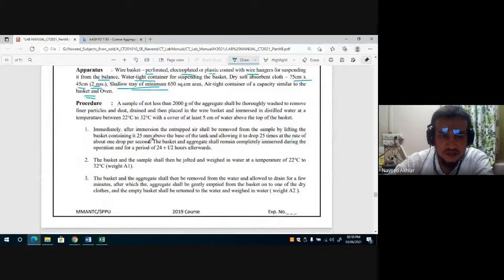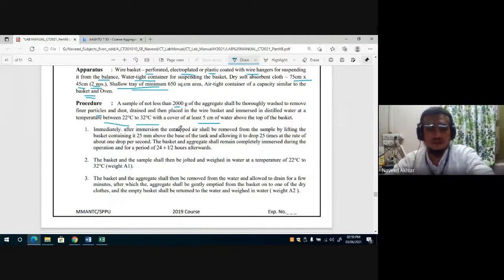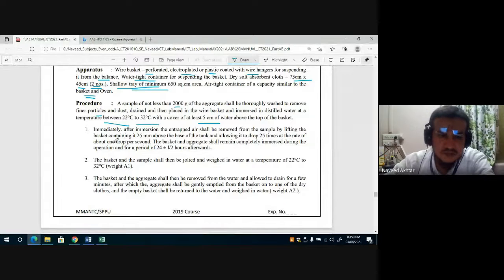Take a 2 kg sample of the aggregate. It is thoroughly washed to remove the fine particles and dust, drained, then placed in the wire basket and immersed in distilled water at a temperature of 22 to 32 degrees, with a cover of at least 5 centimeters of water above the top of the basket.